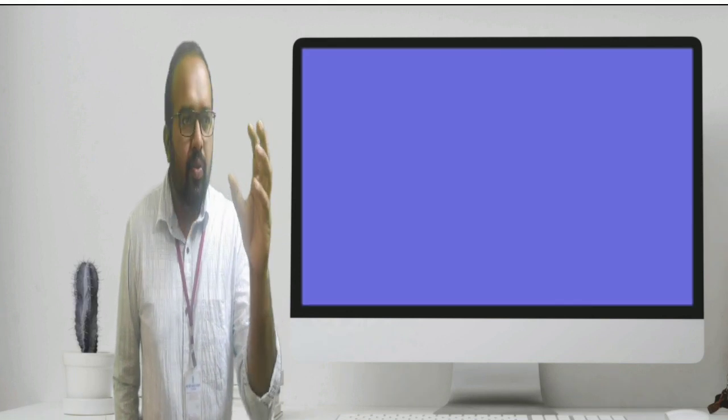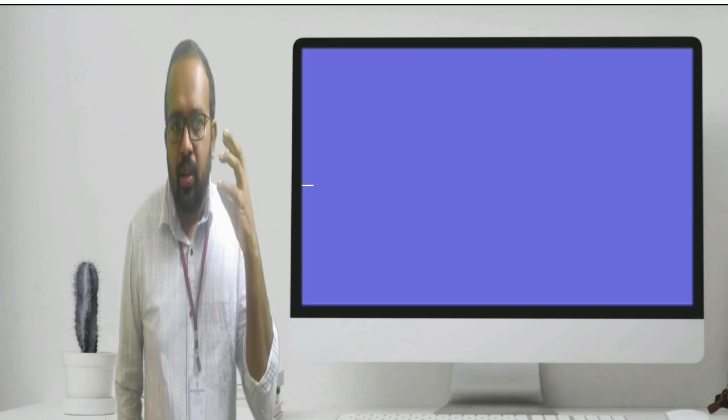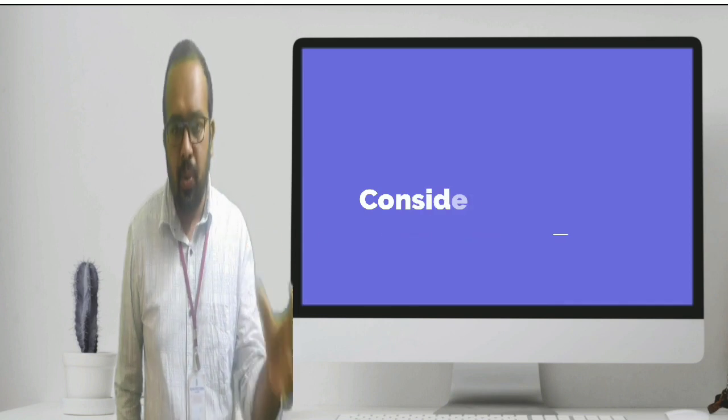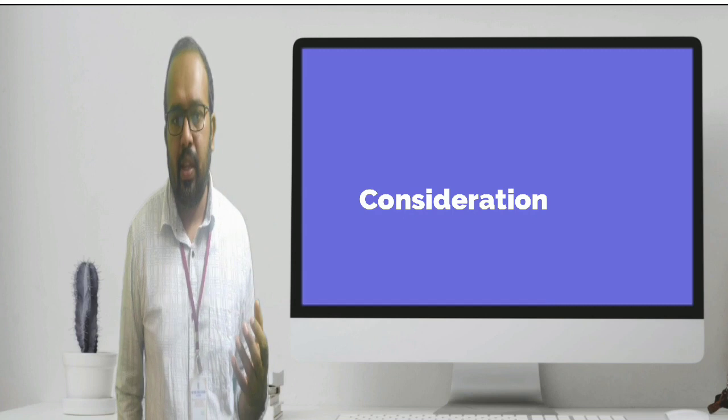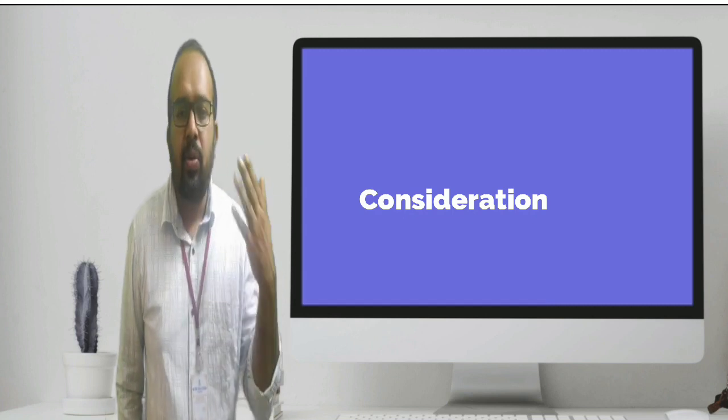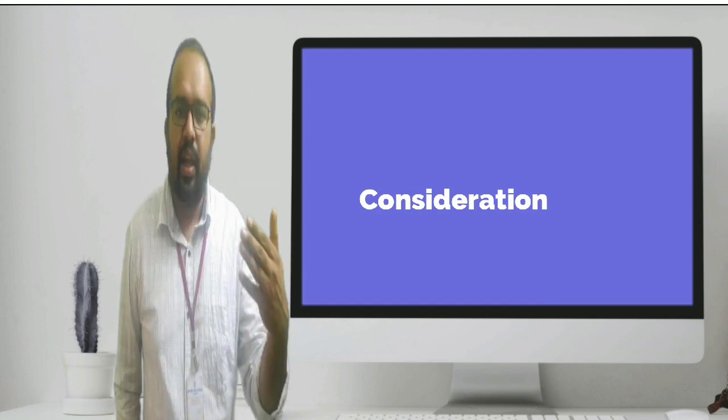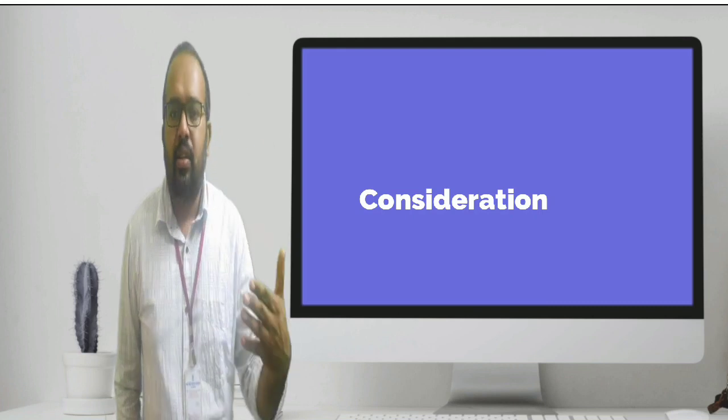Next C is consideration. Understand the receiver. When we are talking to a group of students, at that time we have to understand the feelings of the students, and we have to take care of their age and their situation.